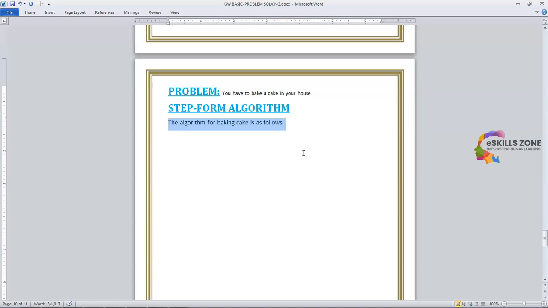So since we have read the definition that is the finite number of steps, so first we will write the first step, step number 1.